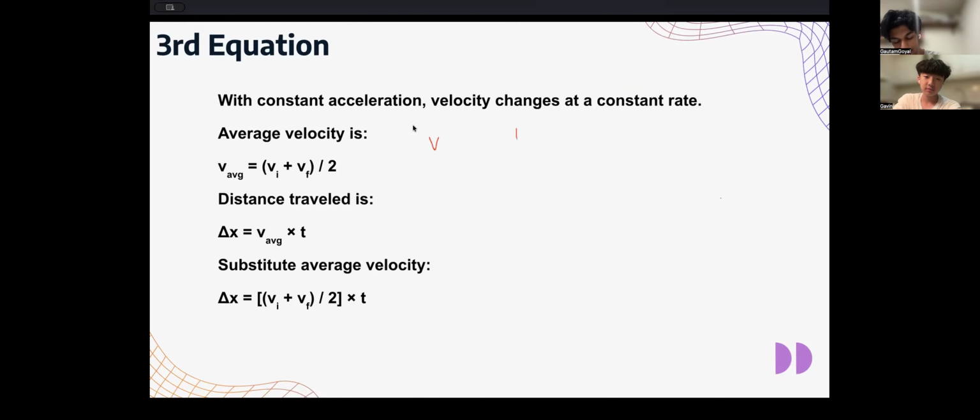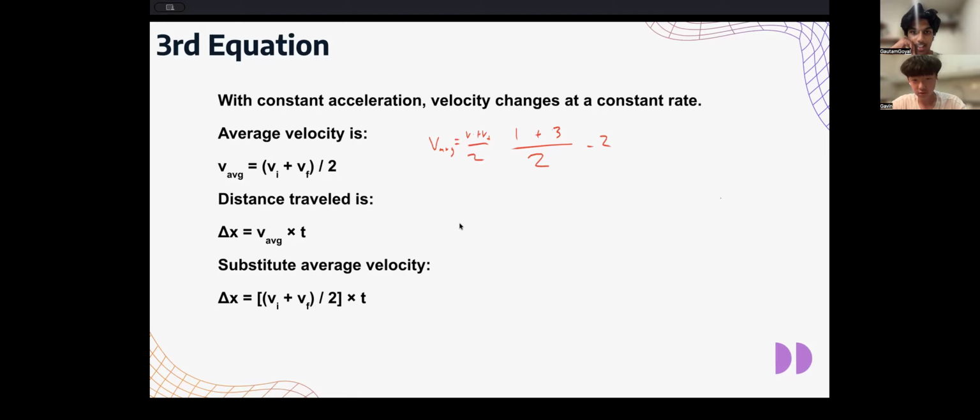Basically, if you want to find the average between 1 and 3, you just add them up and then you divide by 2, right? And then you get the average is 2. It's the same thing with the average of velocity: the average velocity is equal to the initial velocity plus the final velocity over 2, correct?